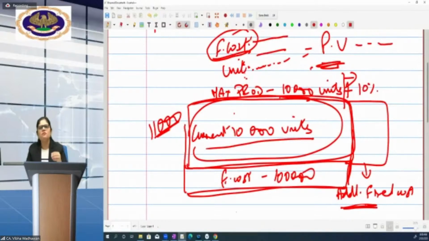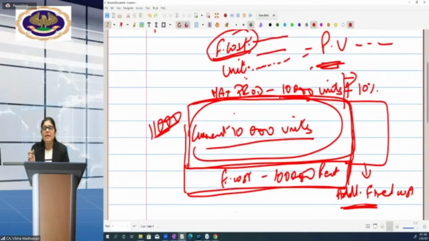Whether I'm producing 1,000 or 10,000, or not producing anything, I still have to pay the rent. That is the property of a fixed cost. Fixed cost does not change with the level of production or output.